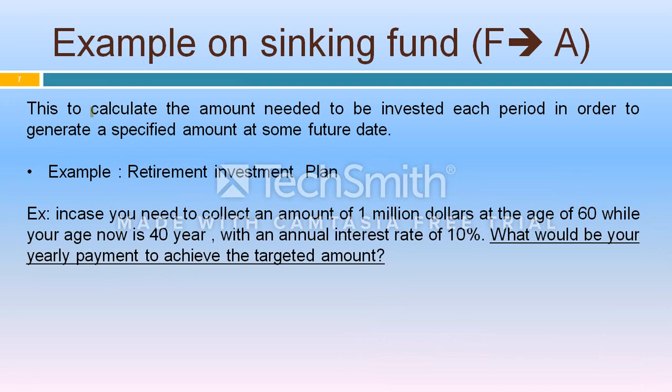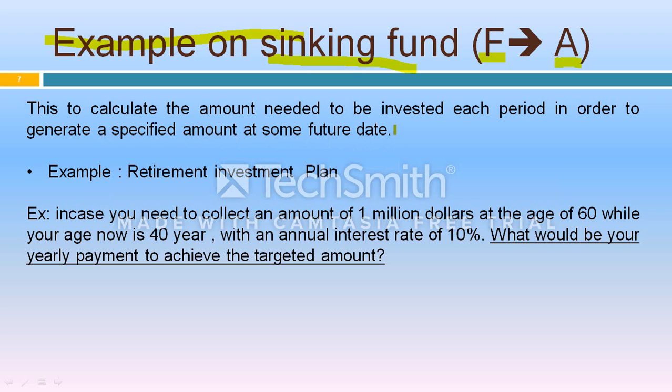Let's start with the first scenario, which is sinking fund, where F is defined and we're trying to find A. This is to calculate the amount needed to be invested each period in order to generate a specified amount at some future date.